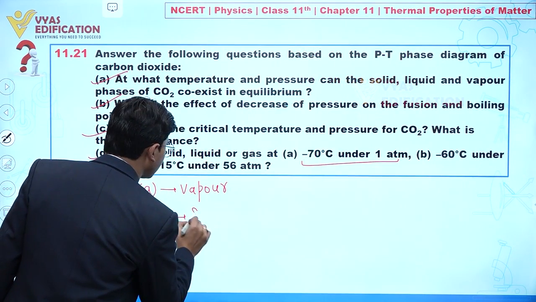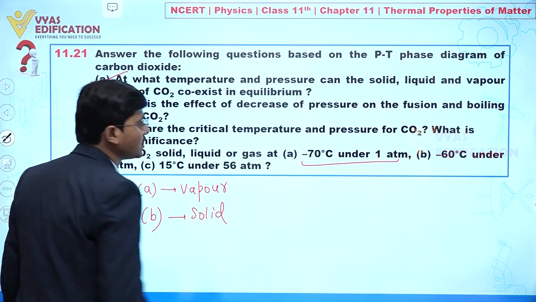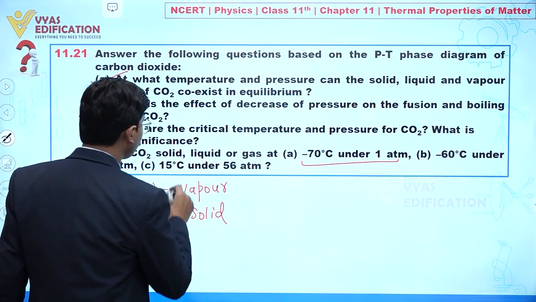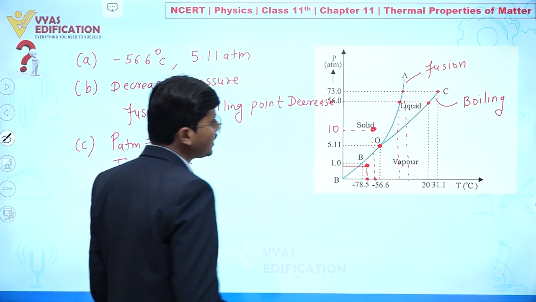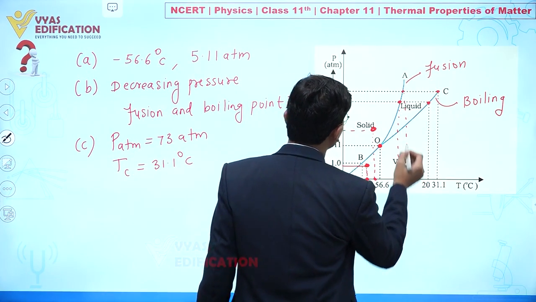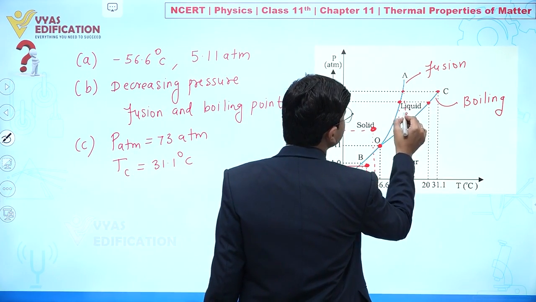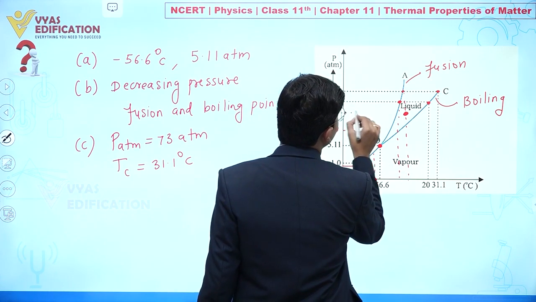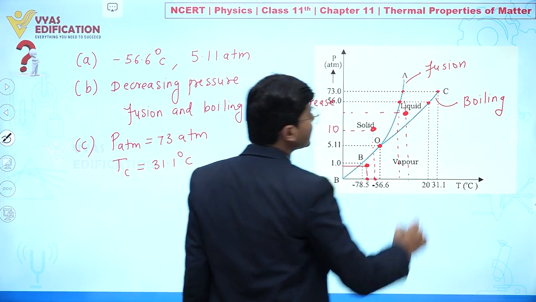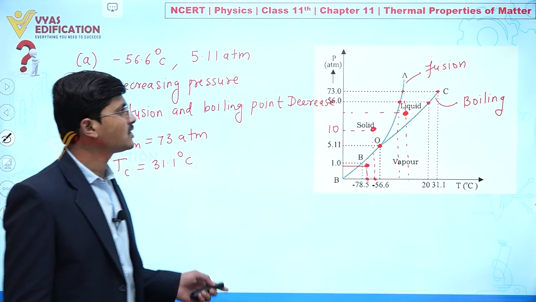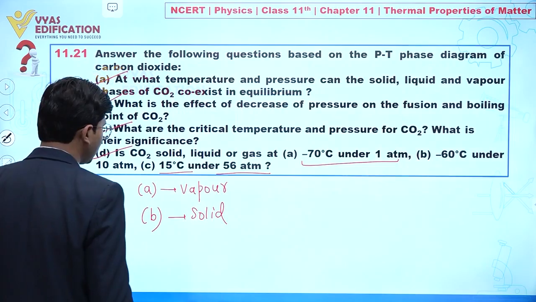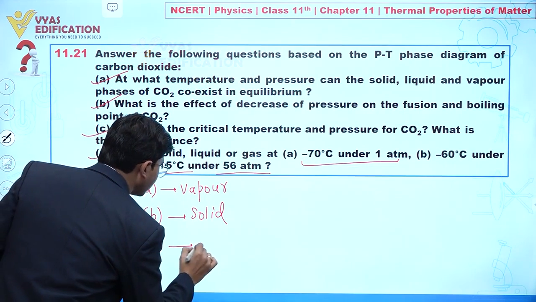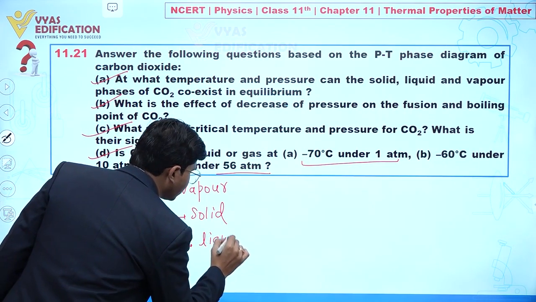So you can say it lies in the solid region. Clear. And what about part number C, 15 degrees Celsius under 56 atm? Clear. 15 degrees Celsius, so let's suppose near about this, and under 56 atm means that point lies near about this one. Clear. It means we can say in this situation this CO2 lies in the liquid region or in liquid form. Clear. So you can say this is liquid. Clear.